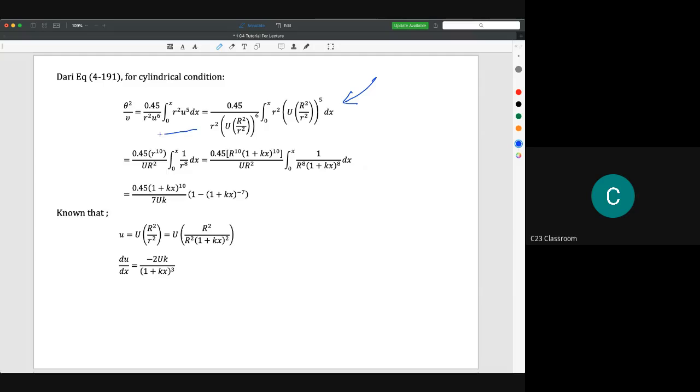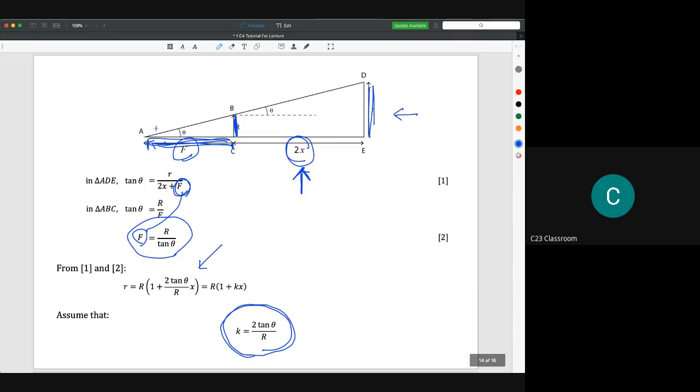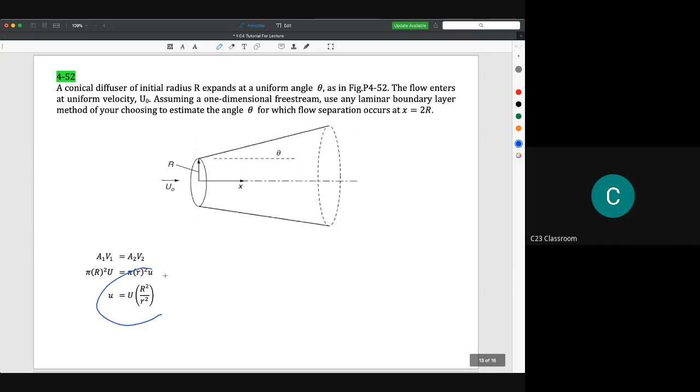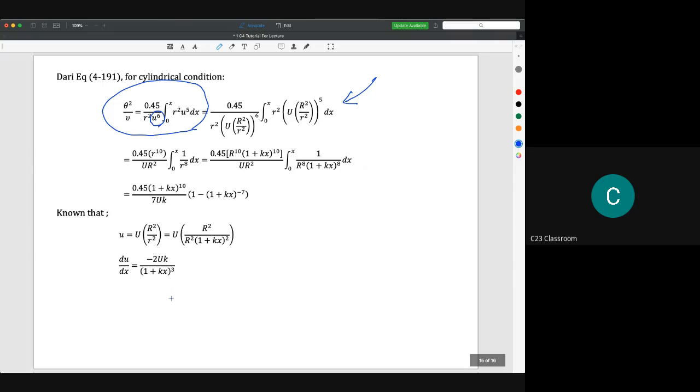So we use this one, and then we substitute the value of velocity u, which comes from the first idea here.